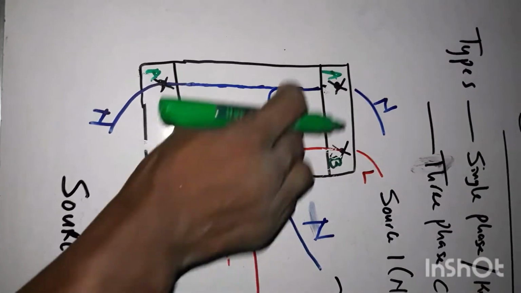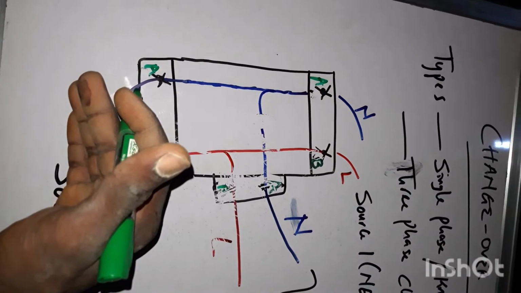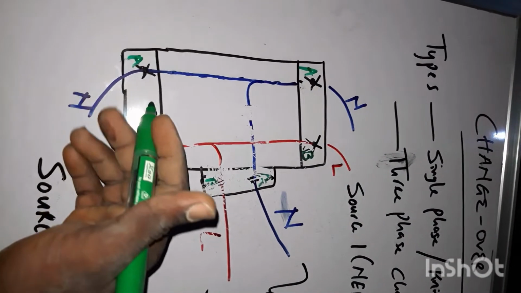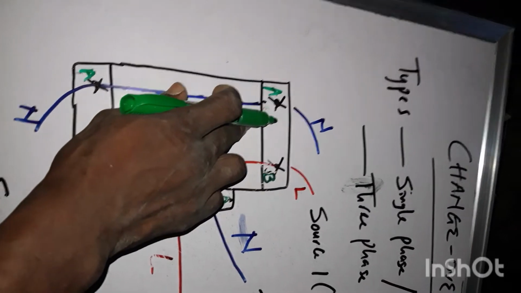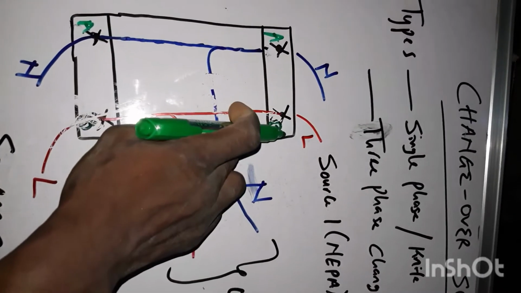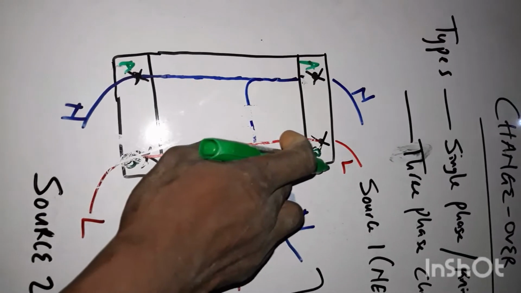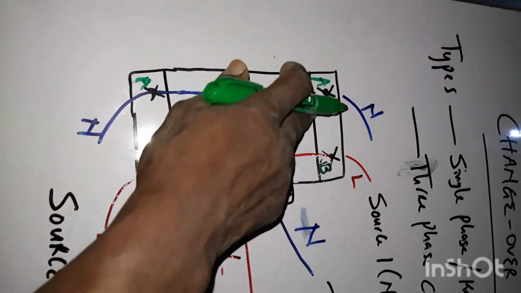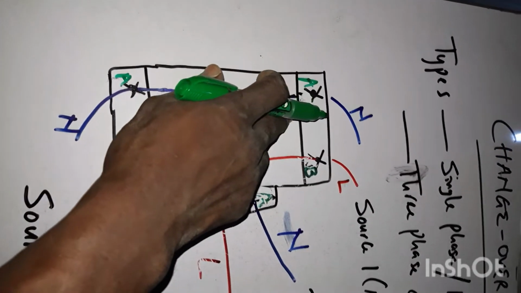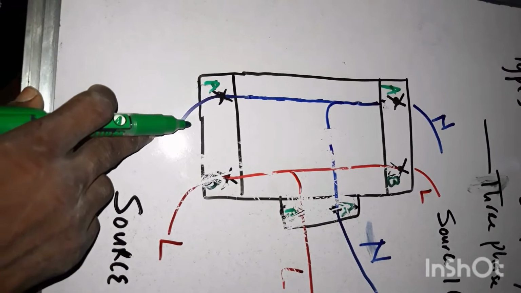So here now, let's assume you are using this side for your NEPA and this side for your generator. Let's assume terminal A: you are going to connect your neutral to terminal A and your live to terminal B. What you did for the first source should be what you do for the second source also. If you are using terminal A as your neutral connection and terminal B as your live connection, make sure you do the same thing at the other end.